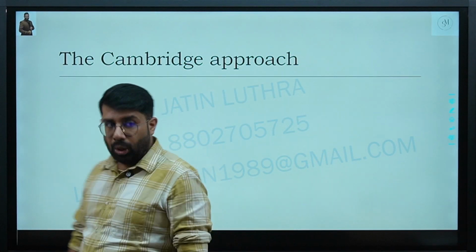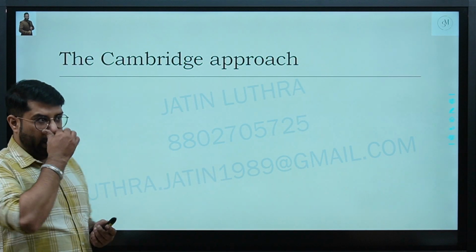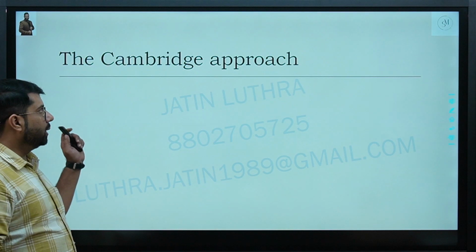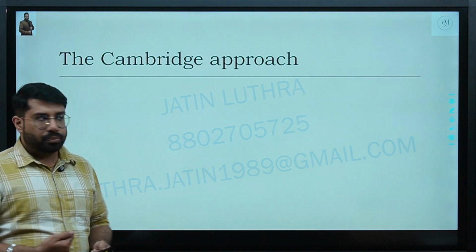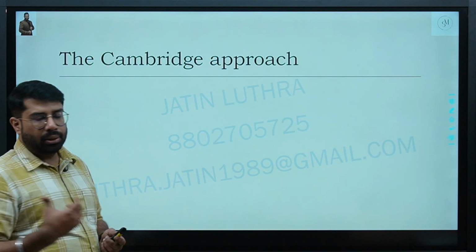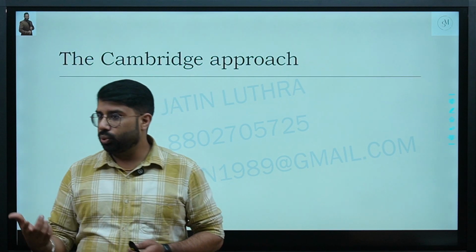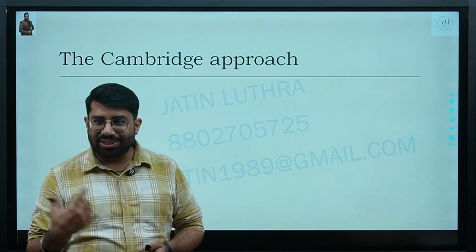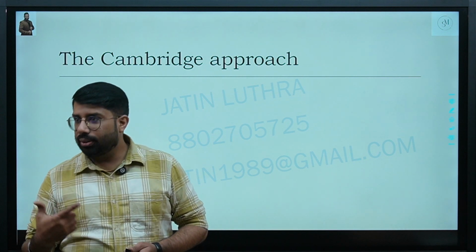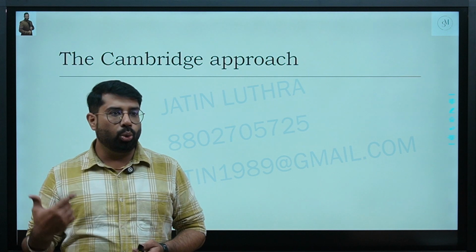So people, now we are going to do a theory which is known as the Cambridge approach. Previously, just before this, we did the classical approach, that is the version of Irving Fisher, known as quantity theory of money, QTM.